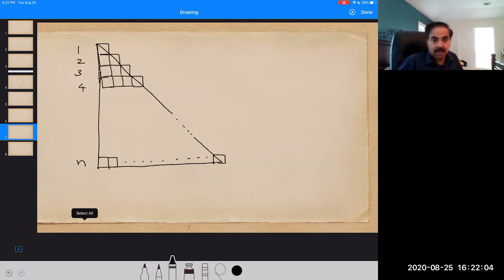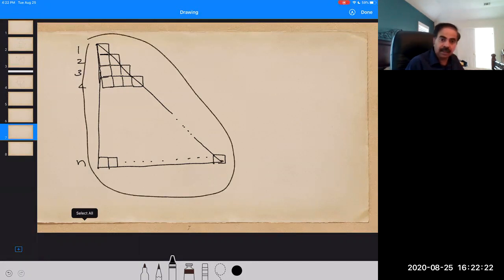So if I want to count all of the tiles here, then what I can do is I can take the area of this triangle. So I have a triangle here. Let me take the area of the triangle, which is going to be n times half times n, because it has a height of n and a width of n.